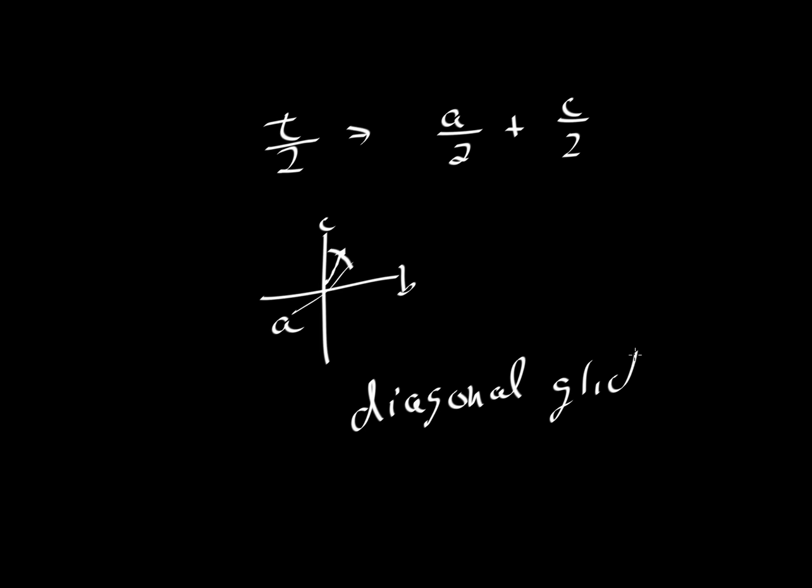Now you might think a perfect symbol for that would be the letter d, but we don't use that. We use the letter n because we're going to reserve the letter d for something else. So the diagonal glide is notated as an n. So how about the case for something that would be notated as d? Well, again, we'll draw the a, b, c, but instead of going half the distance, maybe we're just going 1/4 the distance. And it doesn't matter what combination.